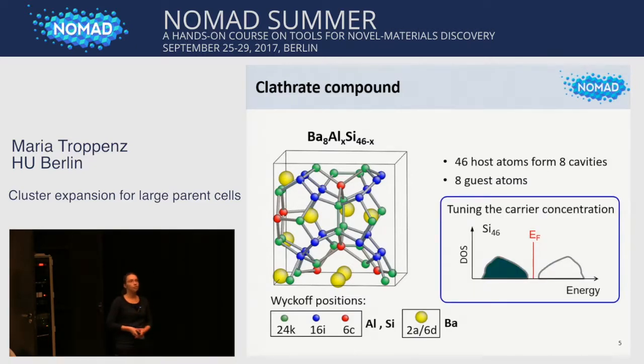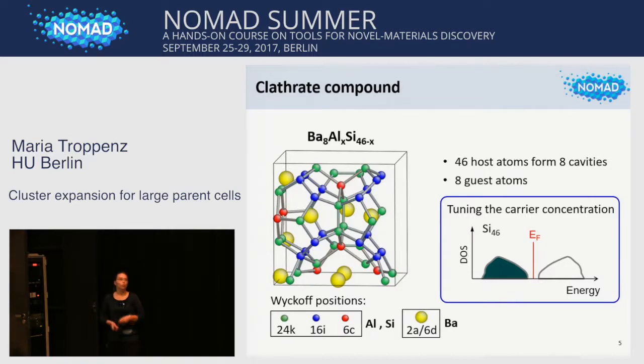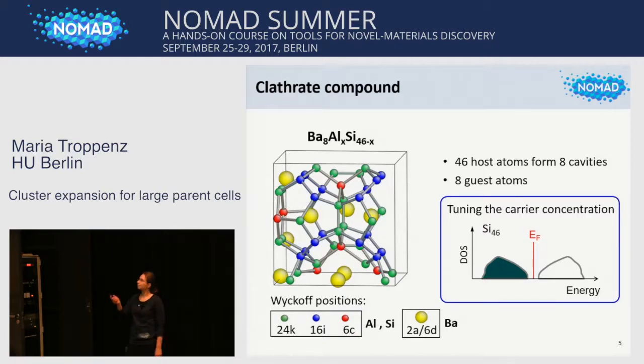Another important feature of the alloy structure is that one can tune the charge carrier concentration, and to count the charge carrier concentration in a simple manner, one can apply the Zintl concept. So for instance, if we consider Si46, which is the empty clathrate without substituents, it has no free charges and it is semiconducting.